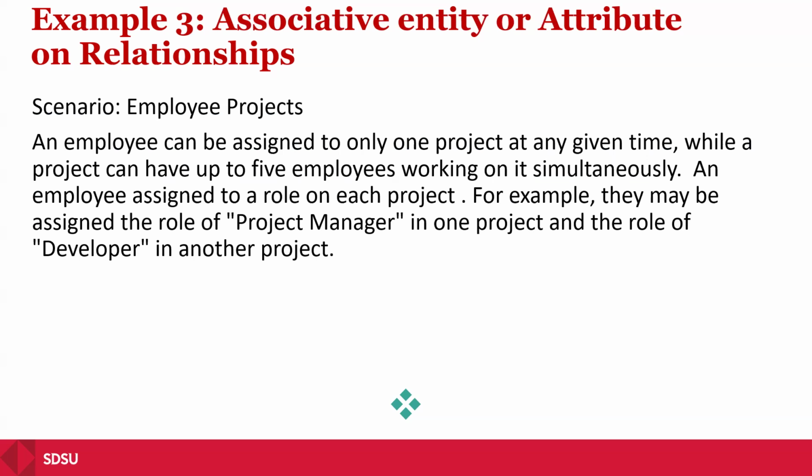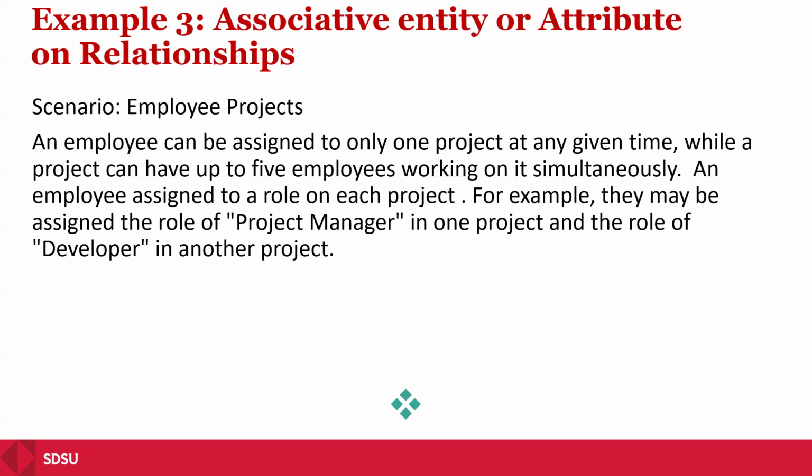All right. So let's do a similar analysis to what we did in the previous two scenarios. What we're looking for is whether the relationship is many-to-many and whether there is a meaning to a specific attribute here.